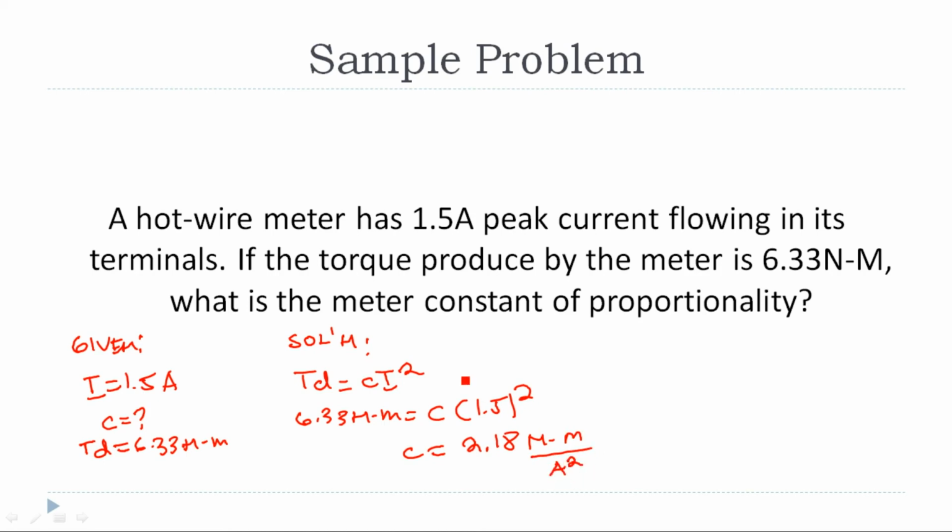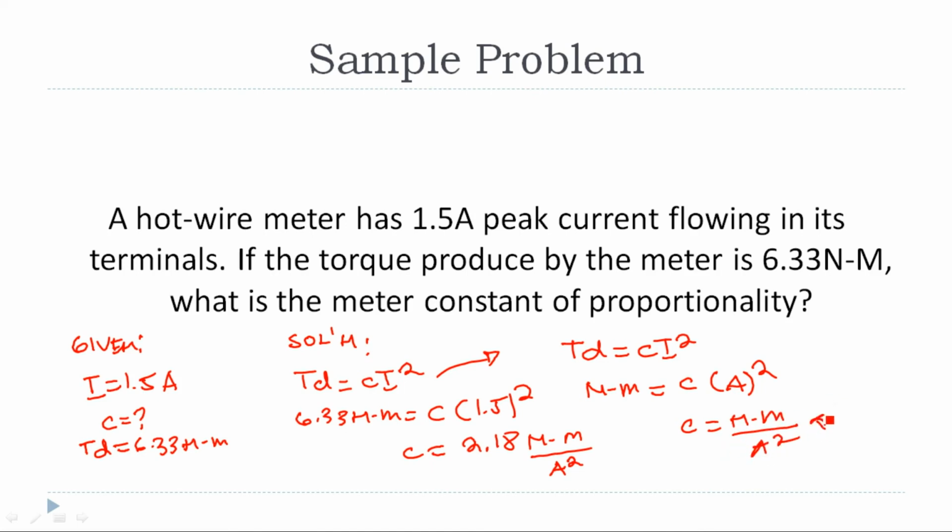Why is that? Simple dimensional analysis. TD equals C I squared. The unit of TD is Newton meter. We leave C since that is the unit we are looking for. I is ampere, squared. So C is Newton meter divided by ampere squared. That is its unit, and this is our answer for the constant of proportionality of the hot wire meter.